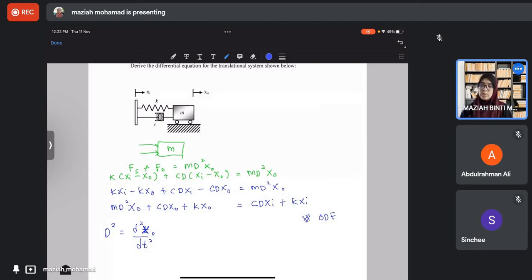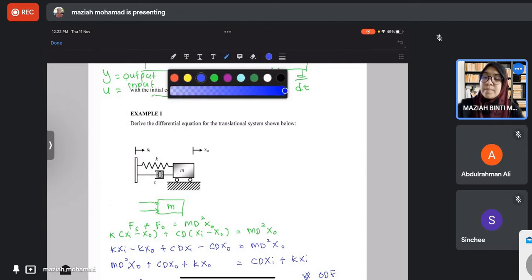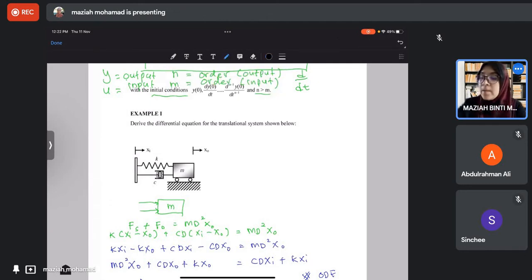So in order to solve the ODE equation, we have a few steps. The first one is, in our example here, we produce the ODE.